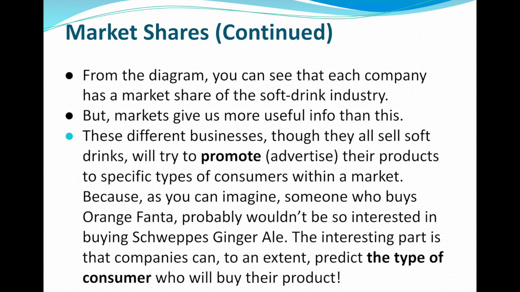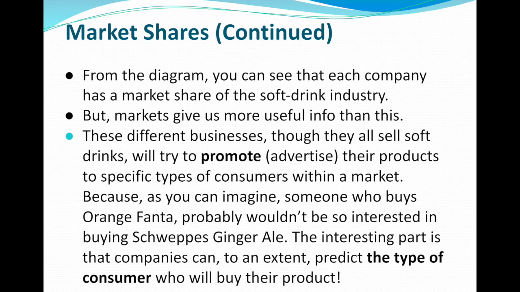But I think it's safe to say that Orange Fanta is probably bought by a younger person, probably someone who has more experience drinking soft drinks, whereas ginger ale is probably bought most likely by older people, probably even elderly people. They probably have less experience drinking soft drinks. They probably lead a more sedentary lifestyle. And you can go on from there.